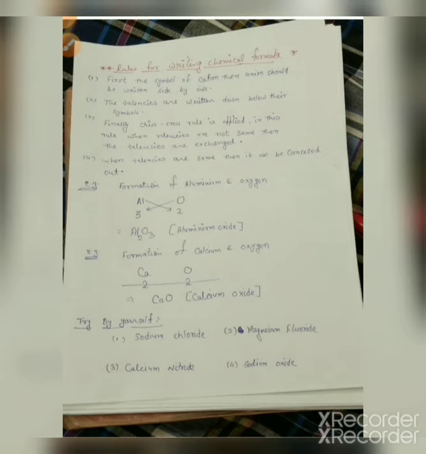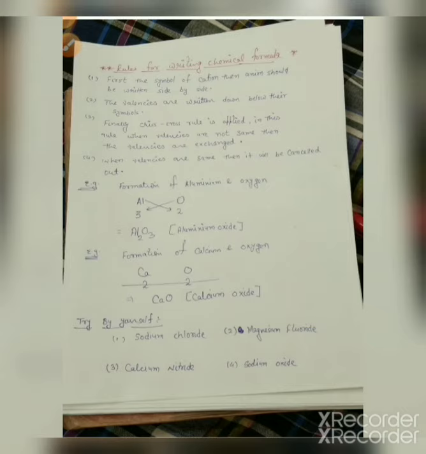So the valencies are not the same, so we will apply the crisscross rule. The valencies are interchanged. So the final chemical formula of aluminium and oxygen is Al2O3, and the name of the chemical compound is aluminium oxide, because the anion is always written with ide.